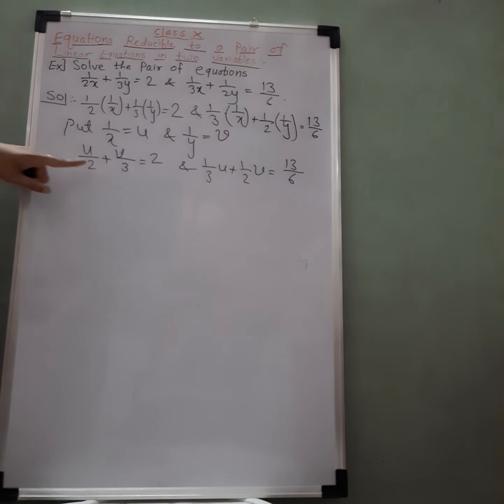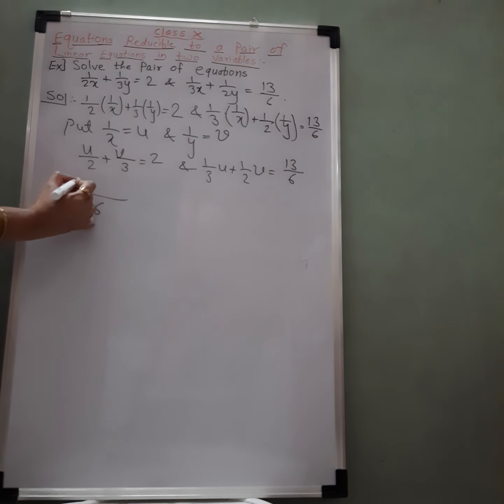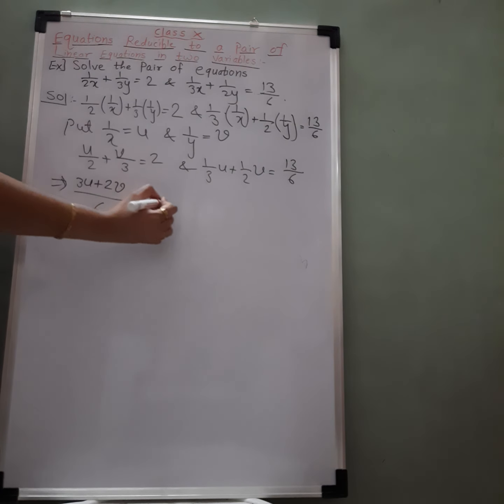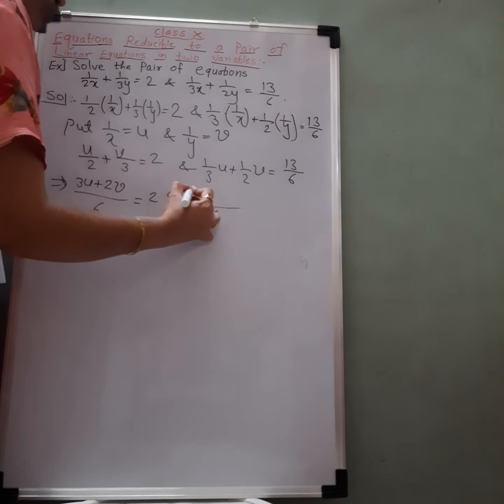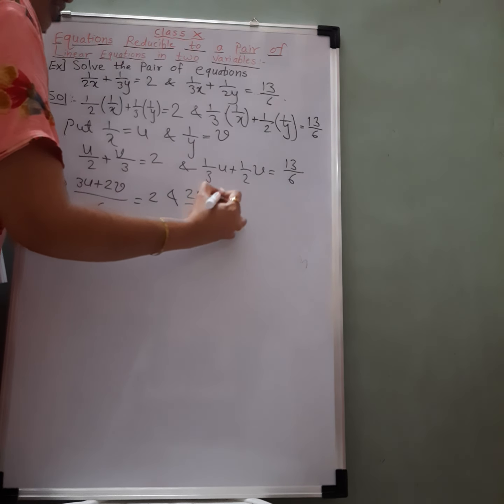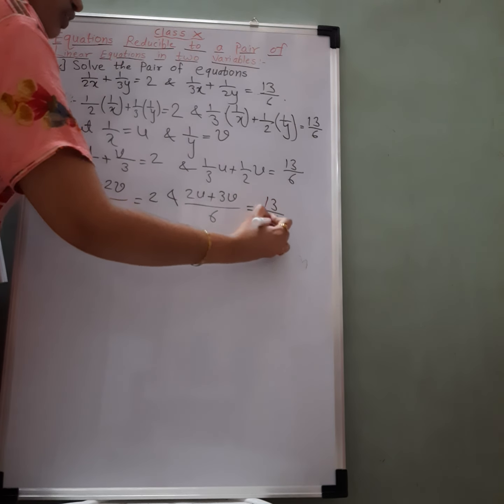Now here, since the denominators are not the same, we take the LCM. So here the LCM is 6. Cross multiplying, it will be 3u plus 2v is equal to 2. And here again the LCM is 6, then it will become 2u plus 3v is equal to 13 upon 6.